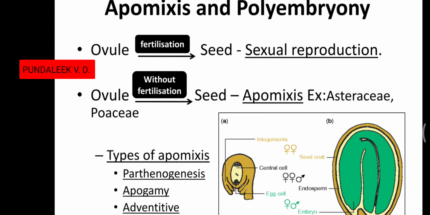If the ovule develops into seed after fertilization, it is referred to as sexual reproduction. In the second case, the same ovule has developed into seed, but without fertilization. That phenomenon is called apomixis. So apomixis can be defined as the development of seed without fertilization.